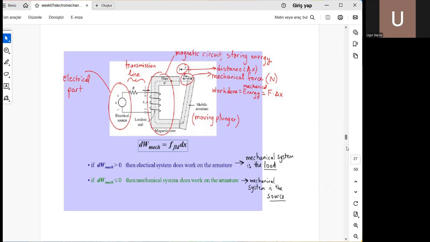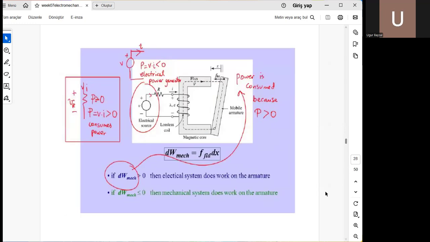They are in the same direction or in the reverse direction, no problem, because that either creates or delivers mechanical energy. So change in mechanical energy occurs, and this equals the force times dx. So force times dx is the work done by the system.